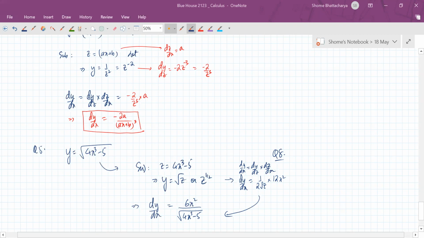Okay, let's look at the 8th question. So we want to differentiate the function e raised to the square root of 2x. So once again, we will look at application of chain rule.